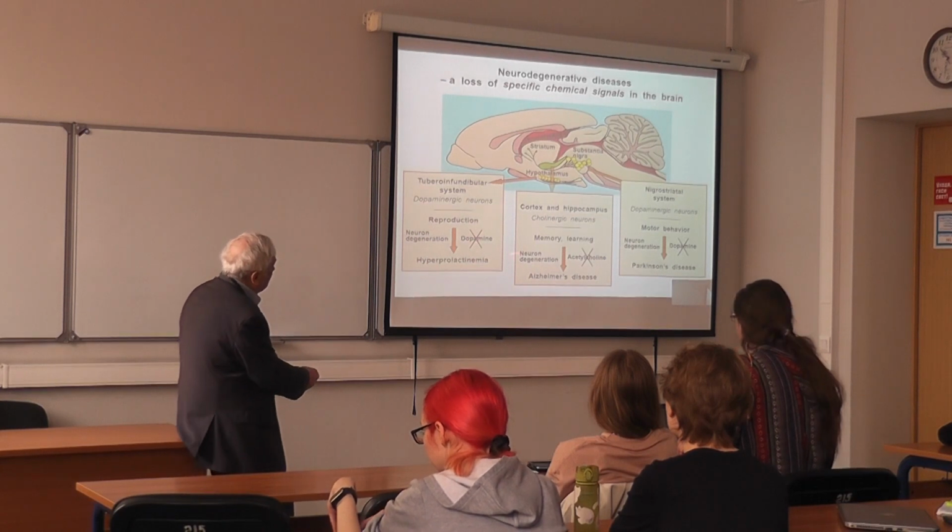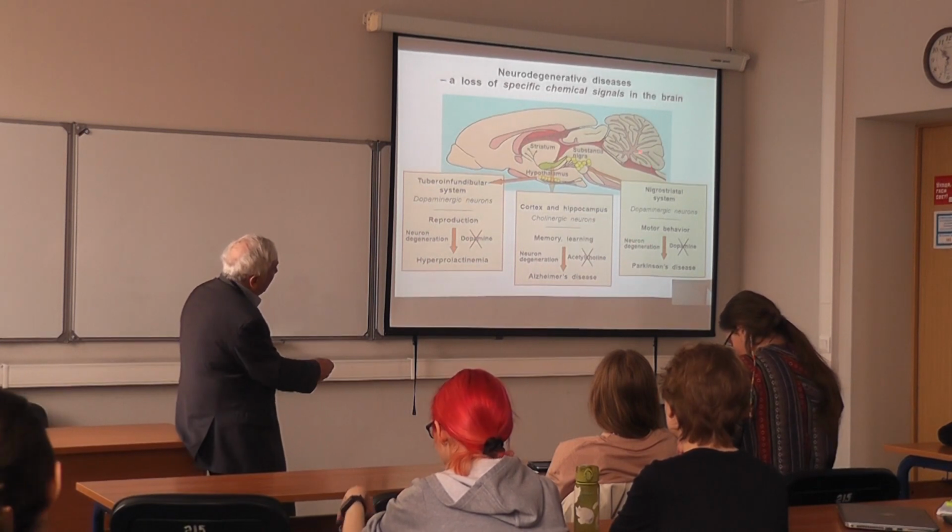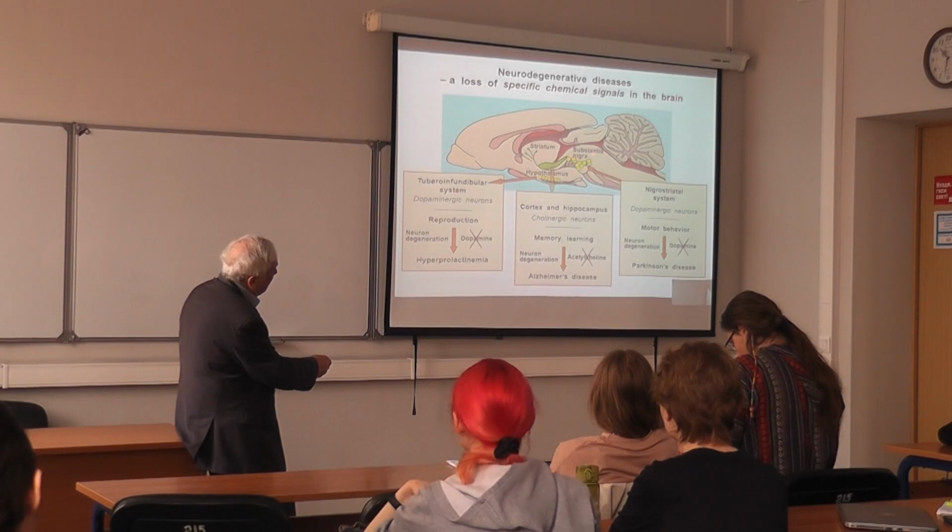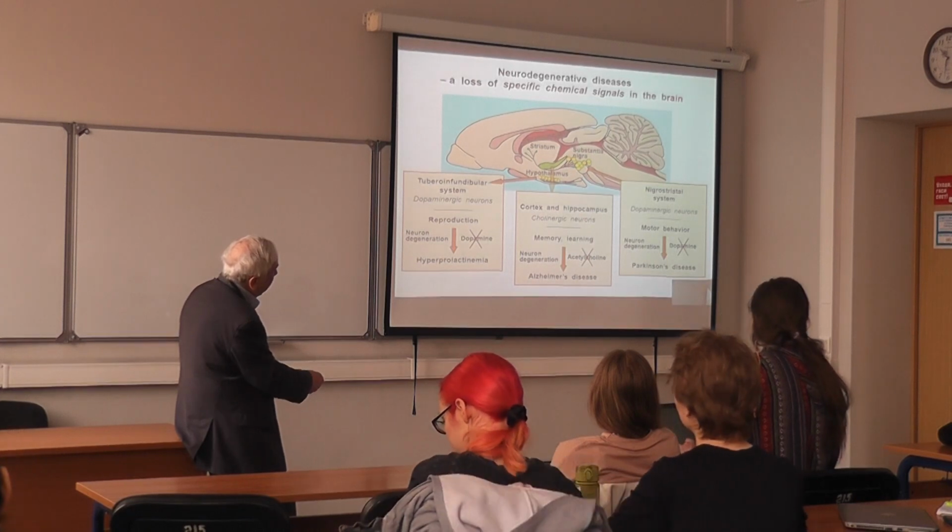So in Parkinson's disease, these are dopaminergic neurons in the substantia nigra, the nigrostriatal system.